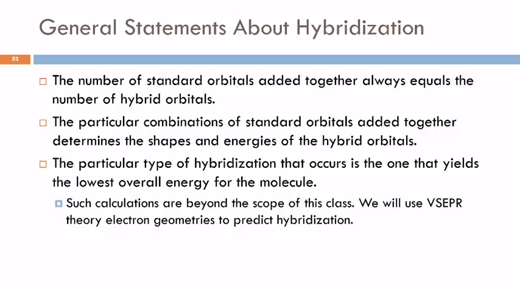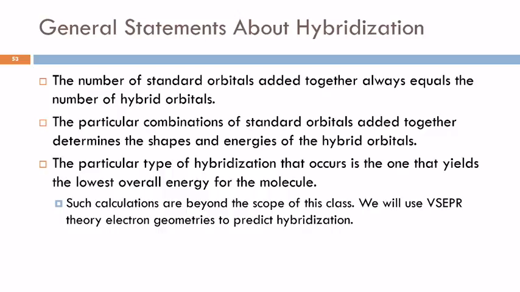The particular combinations are going to determine the shapes and energies. And the particular hybridization that comes out is going to be the one that stabilizes it the best, that has the lowest energy. The calculations for all of this are way beyond what we want to do in Chem 1A.